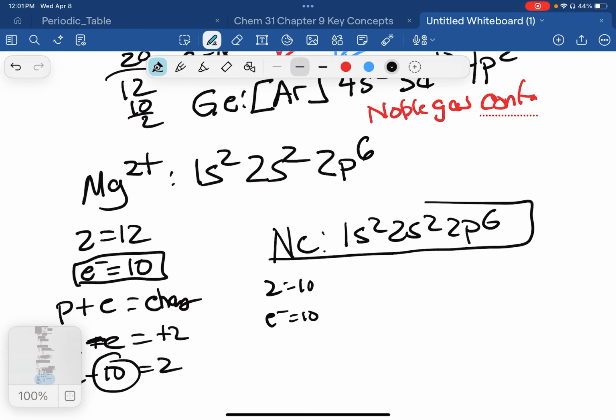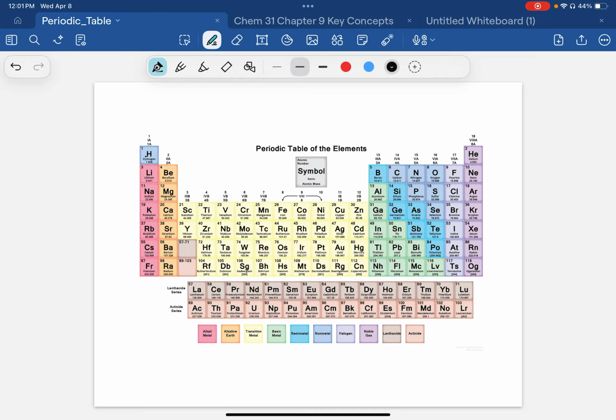And therefore, the electron configuration of neon is exactly the same as the electron configuration of the magnesium 2+ ion. And this is not by coincidence. If you look at the periodic table, the things that become ions will become ions in order to be as close as possible to a noble gas configuration.